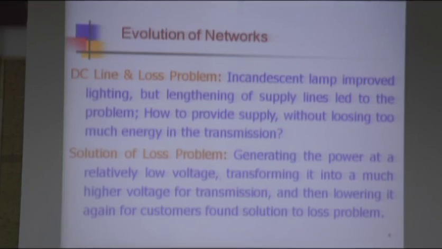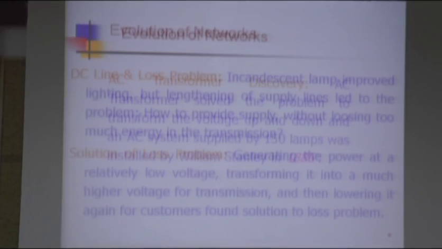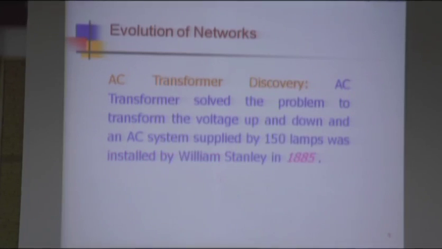Soon this transmission problem was overcome, where the power was generated at relatively lower voltage. It was transformed to a much higher voltage for transmission, so that the losses are low according to electrical engineering fundamentals. And then at the customer's end it was lowered again, so that he can make use of it. This was about the DC line.